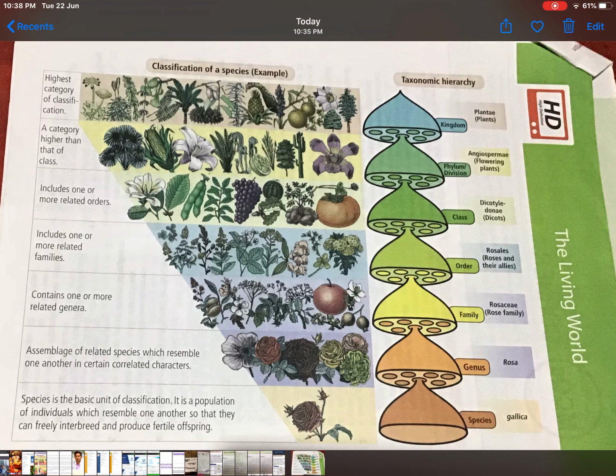Like the example I gave, Homo sapiens. H will be written in capital letter. That is the genus; Homo is the genus. Sapiens is the species or specific name, and in sapiens, S will be written in small letter.